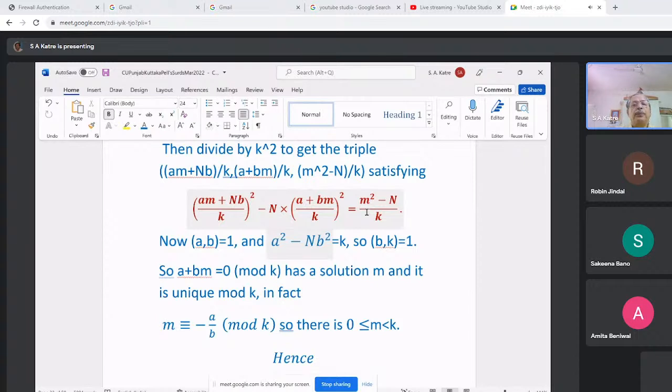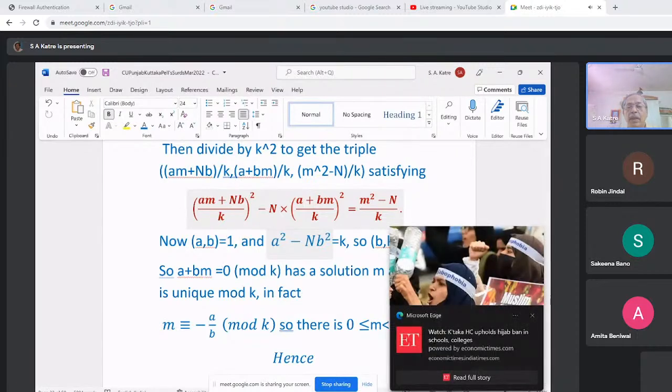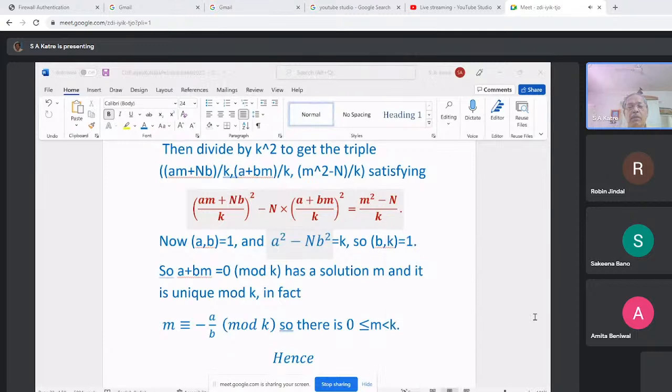Now, if this is an integer and this is also an integer, therefore this square is an integer. Okay. And this is a rational number, probably. But if the rational number's square is an integer, then that rational number is also an integer.